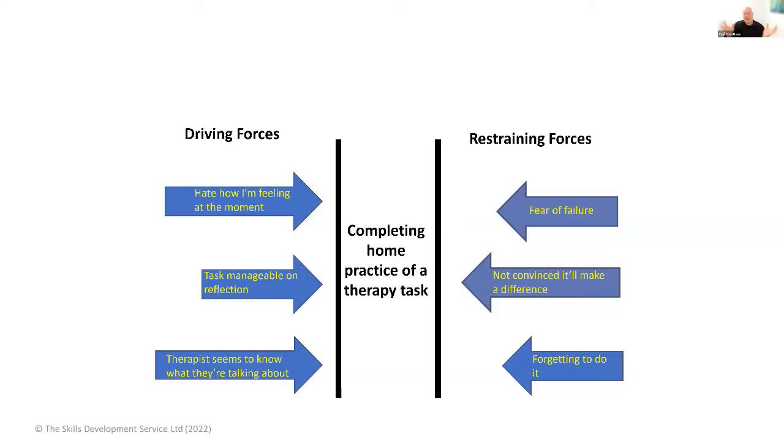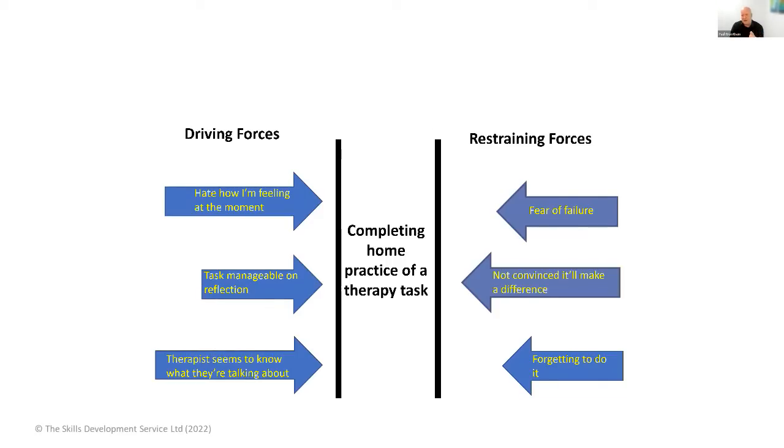Can I just say that the simple examples I've taken here potentially can be replicated with every single one of these driving and restraining forces. And I mention that because, in a way, what this does is it generates a menu for action. Action on the part of the practitioner, and potentially action on the part of the client. And it doesn't require all of these things to work.